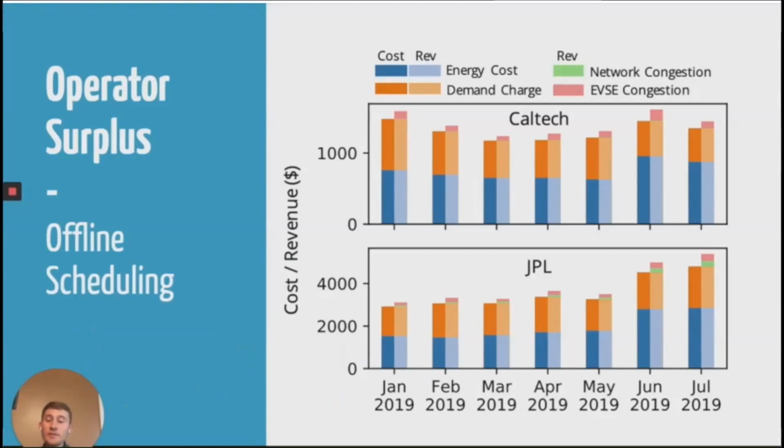And what we can see from this is two things. One, we're always revenue adequate, which is what we expect. We can also see that the blue and orange bars, both the light and the dark, match exactly. And that's because our pricing scheme perfectly covers both the demand charge and the energy cost of the system.